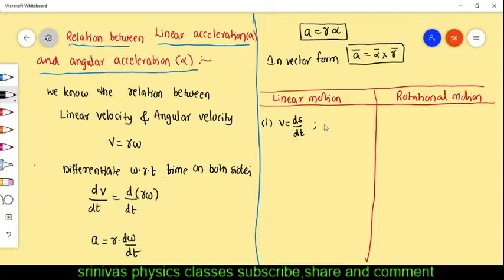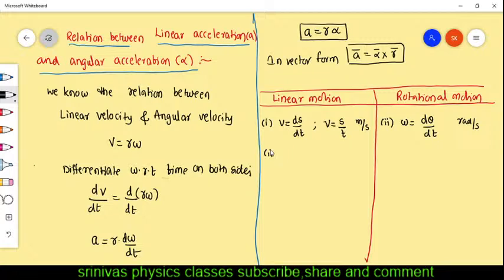Sometimes we may write v is equal to s by t also, velocity is equal to displacement by time. This formula will change in rotational motion like this. Velocity becomes angular velocity, whereas displacement becomes angular displacement by time. Its unit is meter per second here. Its unit is radian per second here.